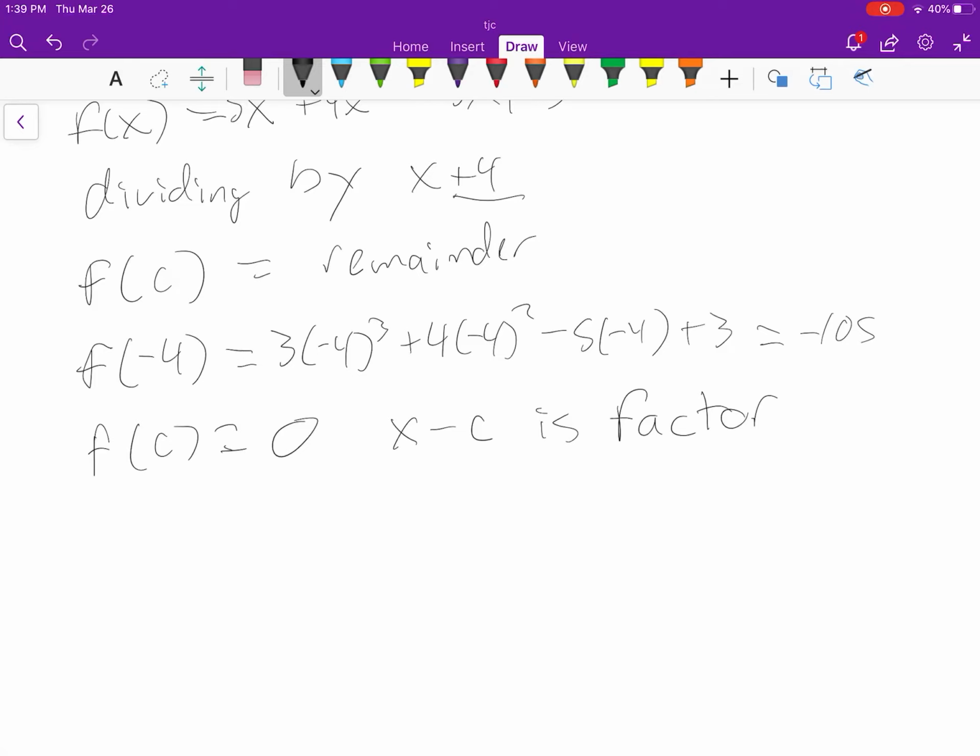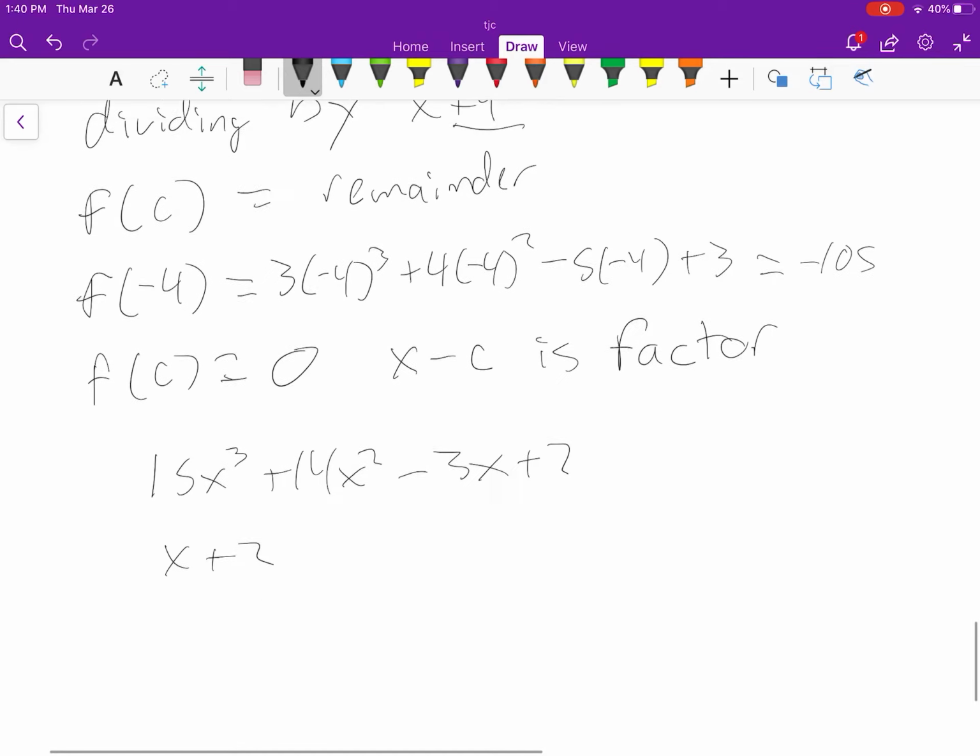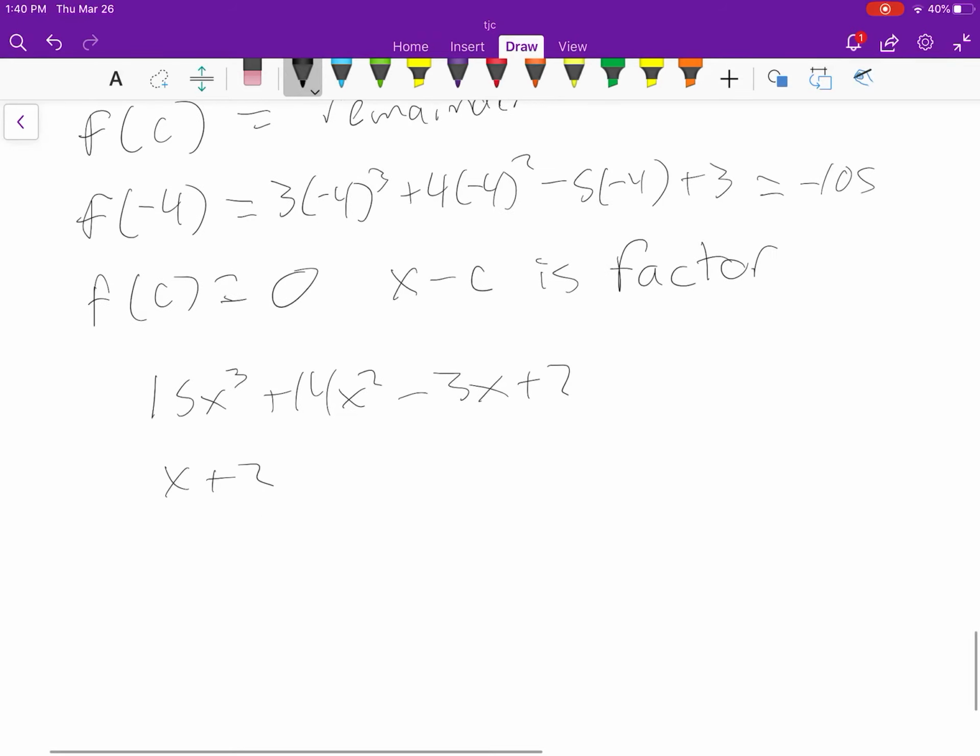Okay, so let's say we have 15x cubed plus 14x squared minus 3x plus 2, and we want to know: is x plus 2 a factor of this? All we have to do is plug into this f of x.